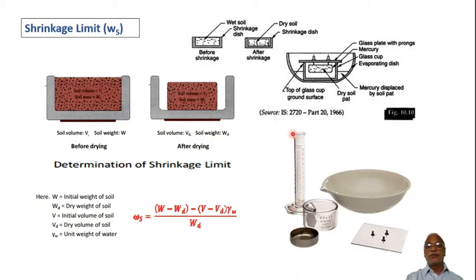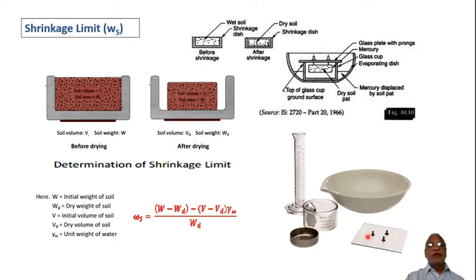What you have is a measuring flask, a shrinkage dish, a glass cup, an evaporating big bowl, and a plate with three prongs, that is a pin-like arrangement which will be protruding out of the glass plate, which will be put on the top as shown in this sketch.